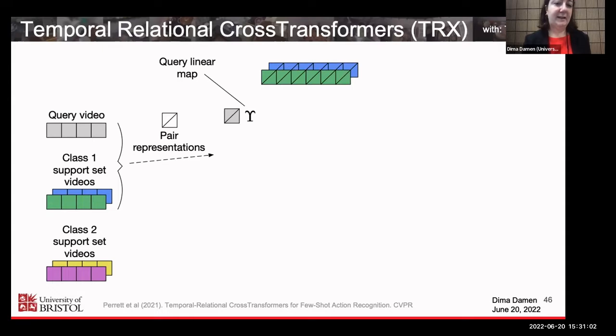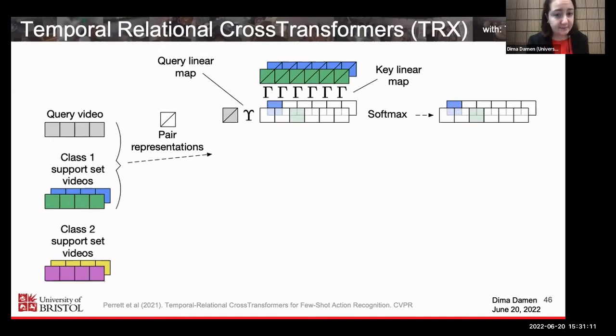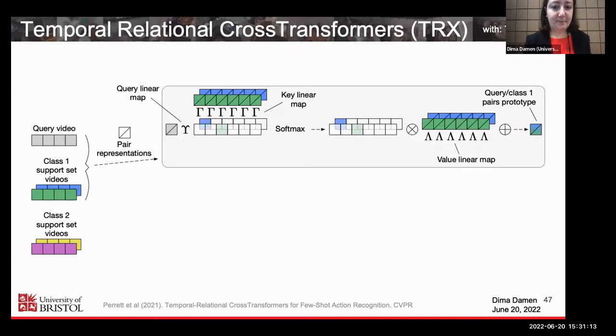You're trying to take the query as a combination of frames from your query video. These are the key linear map projections of your whole support set. This is softmaxed. And then you have the value linear map, and that gives you what we call a class prototype, i.e., how similar is this class to your query video?